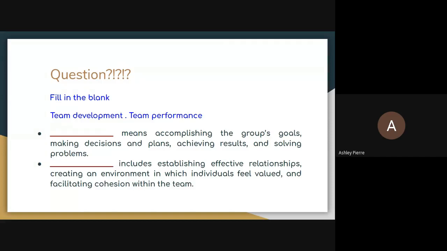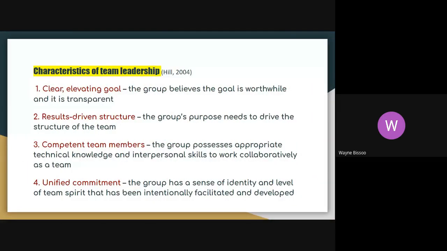Is the first one team performance? Yeah, correct. Okay, then the next one has to be team development. That's an extra too. Thank you. All right, no bonus to you. That was guessing. That wasn't answering.